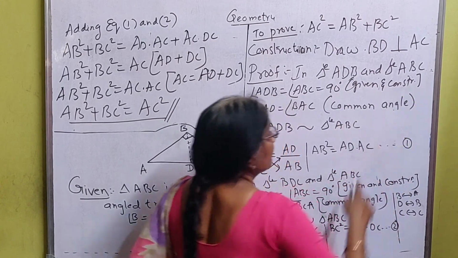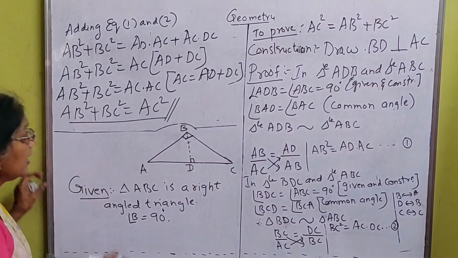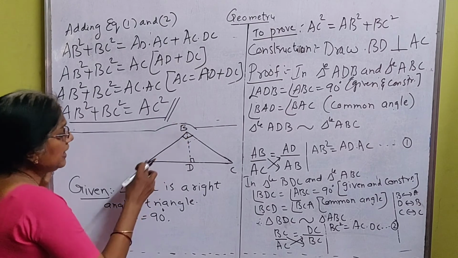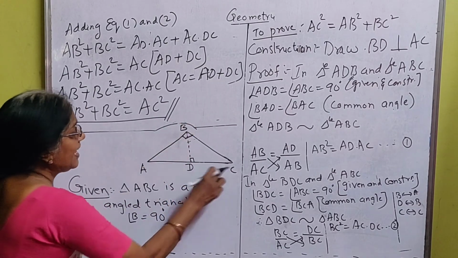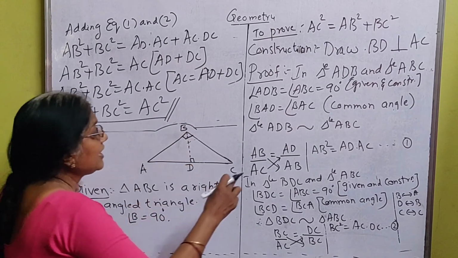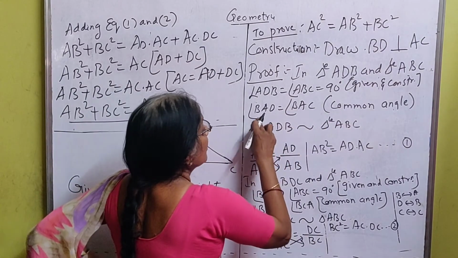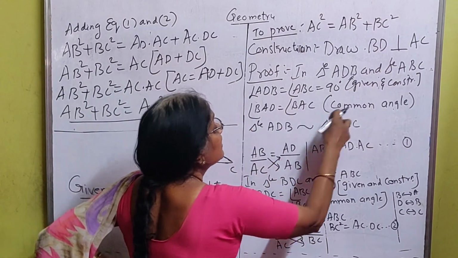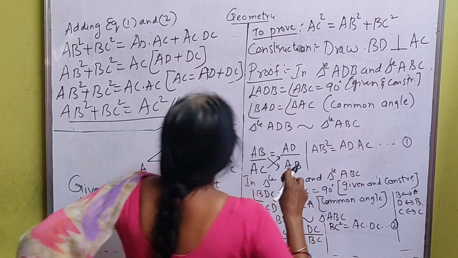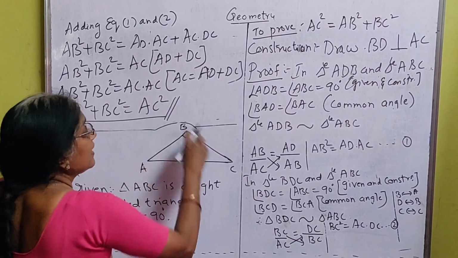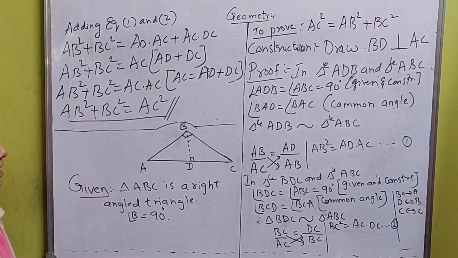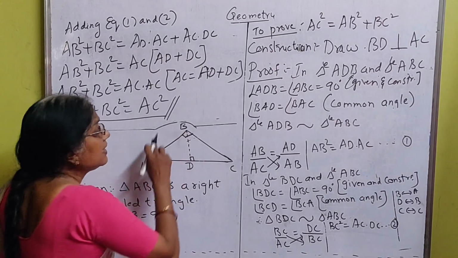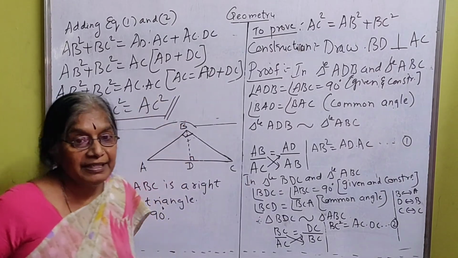So the reason is given and construction. Now look here, BAD or BAC is the same angle. Which angle is it? Common angle. So angle BAD is equal to angle BAC, it is a common angle. So the two triangles became similar, that is triangle ADB is similar to triangle ABC.